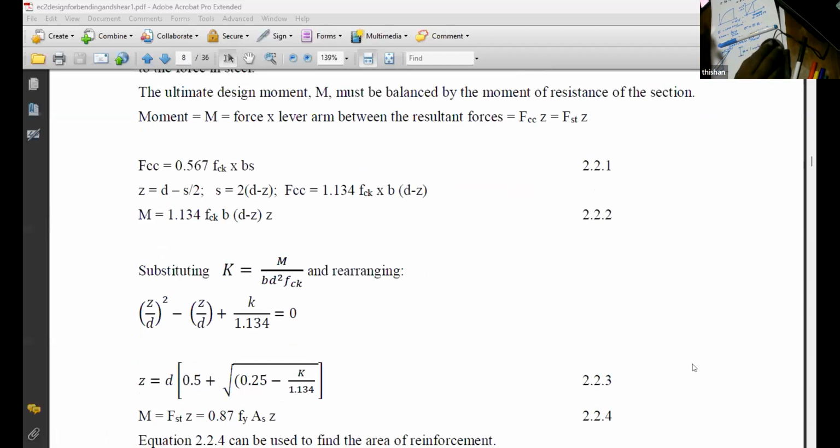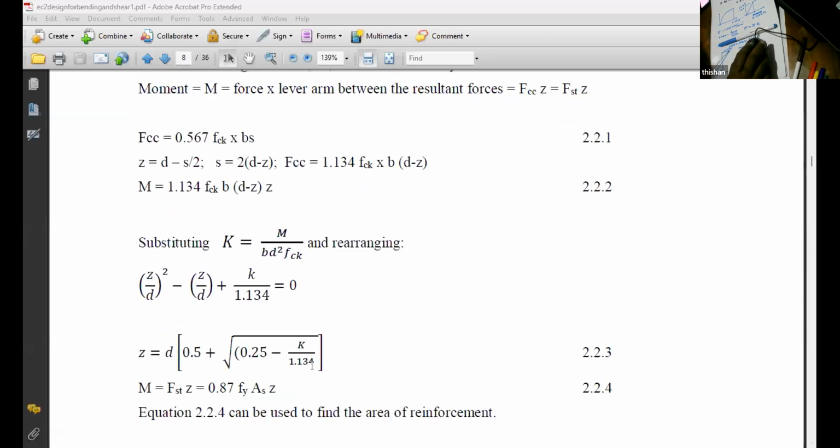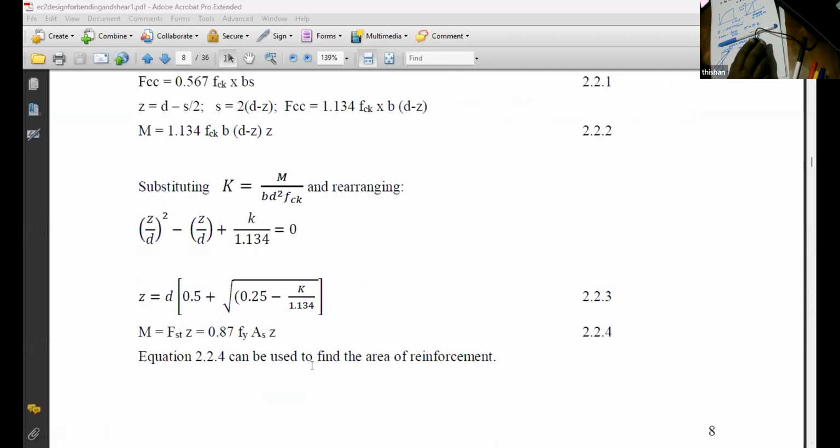So if f_ck is known, effective depth is known, breadth of the section is known, K is known. The moment you know a value for the moment, straight away you can calculate the K value. The moment you know the K value, Z is known as a function of d, and Z has these maximum and minimum values, 0.82 d and 0.95 d.